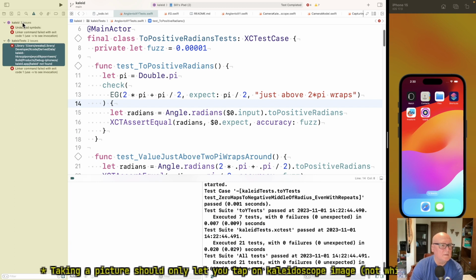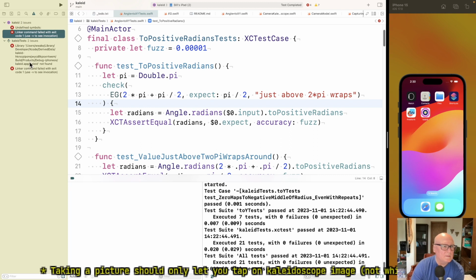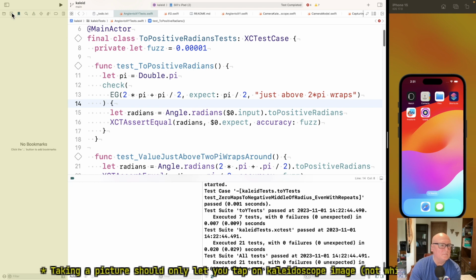Isn't there somewhere you can see these errors?